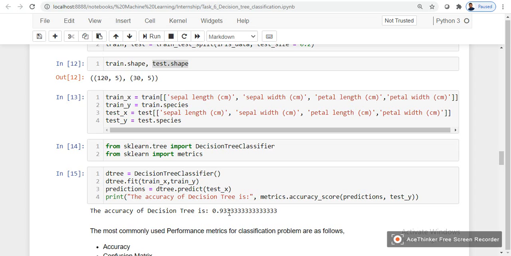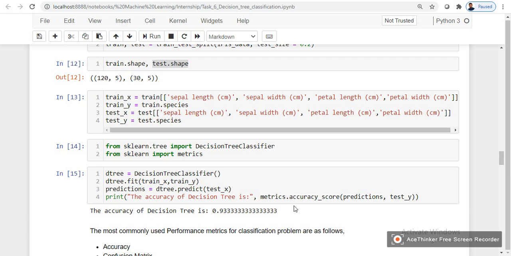Again, for a classification problem, we should not only focus on the accuracy, because if the dataset is not balanced, the accuracy doesn't evaluate the performance well. So the accuracy of the model doesn't tell anything about the performance of the model in case of an unbalanced dataset.